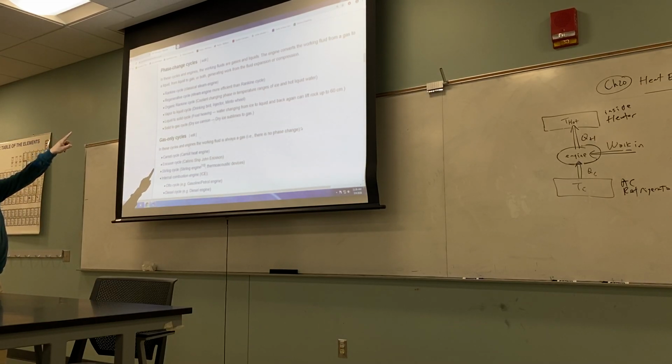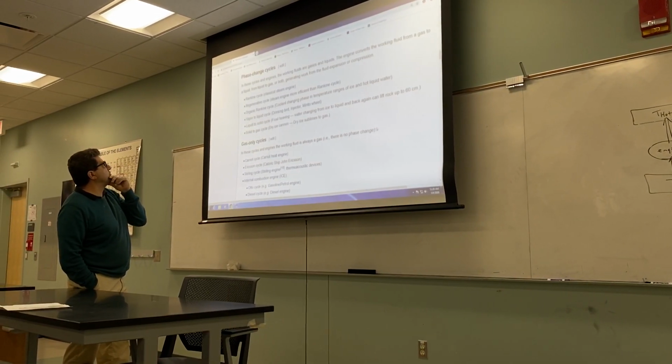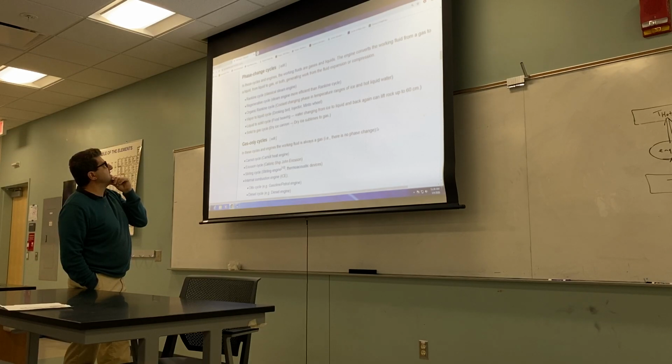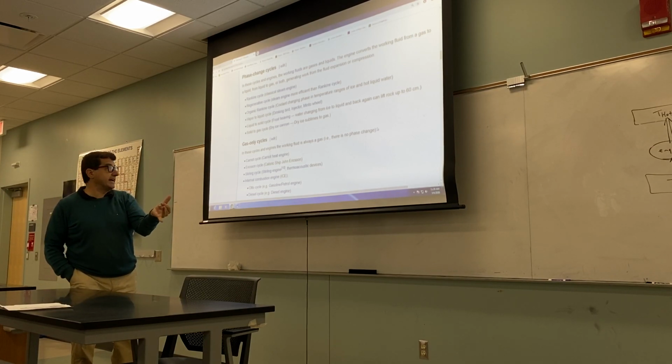In these cycles and engines, the working fluids are gases and liquids. The engine converts the working fluid from a gas to a liquid, from liquid to gas, or both, generating work from the fluid expansion or compression. Rankine cycle, classical steam engine, regenerative cycle, organic Rankine cycle. So in those ones, there's a phase change occurring between the liquid and the gas.